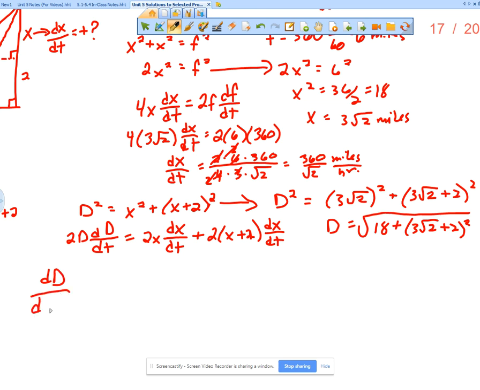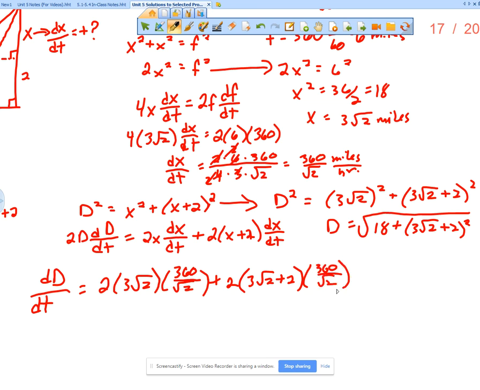So dd/dt is equal to 2x, so 3 root 2, times dx/dt, which is 360 over root 2, plus 2 times 3 root 2 plus 2 times dx/dt, which is 360 over root 2. All of that divided by 2d, so 2, and then I have the square root of 18 plus the quantity 3 root 2 plus 2 quantity squared.